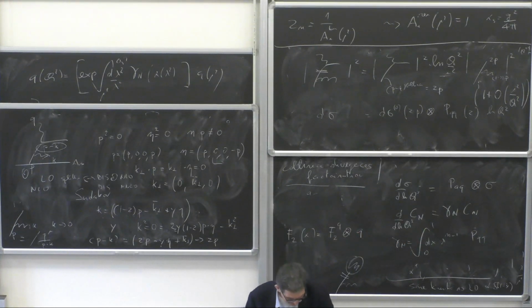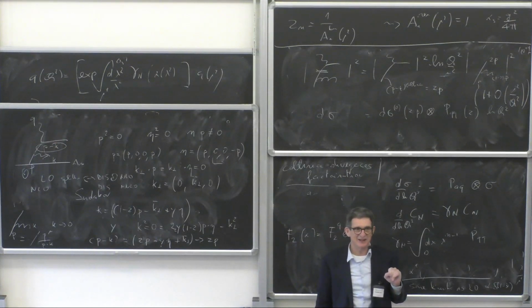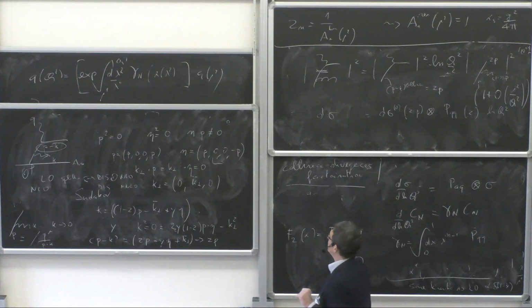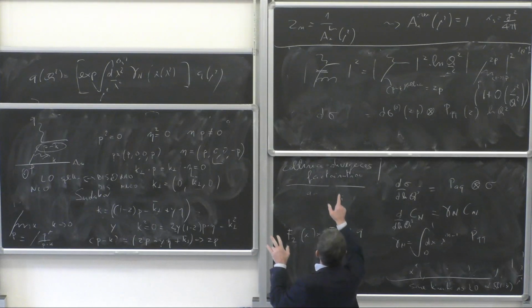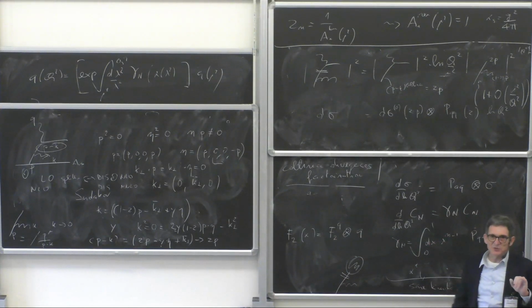And the thing is the following. The thing is non-trivial because what does low enough scale mean? Now, the point is that here I'm always assuming that the scale of the process is Q square.